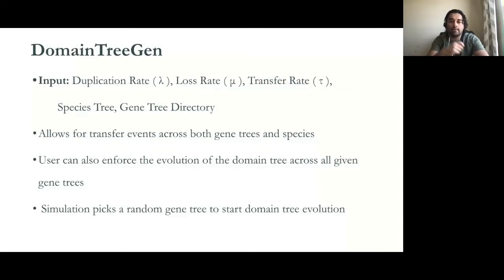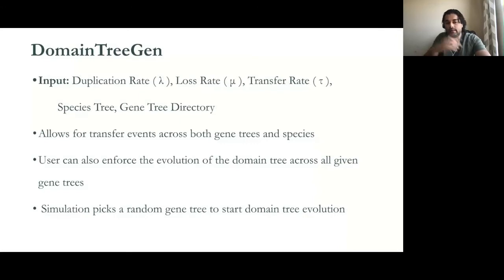And this would take in a species tree and a set of gene trees, all of which have evolved down the species tree. And it would allow for transfer events across both gene trees and within different species within the species tree. And you can also enforce the evolution of this specific domain across all given gene trees within the set of gene trees that you provided.